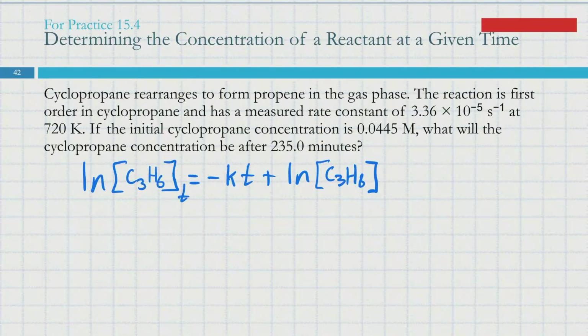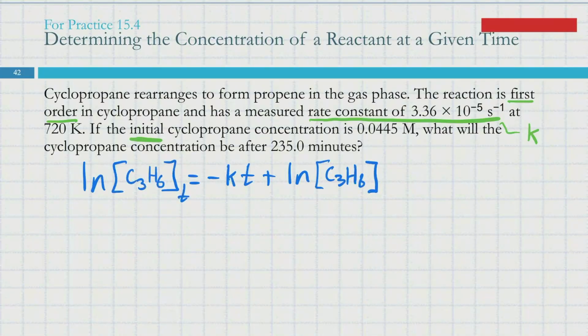We were given a bunch of stuff. It's crucial that it's first order because we don't know our other integrated rate laws. And we've got a rate constant that's given to us. That's our k. The 720 Kelvin is not particularly important for us here. That's just to let us know that it's at a specific temperature.